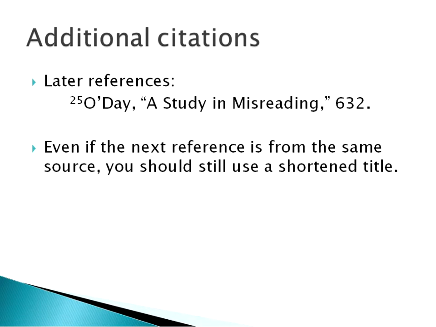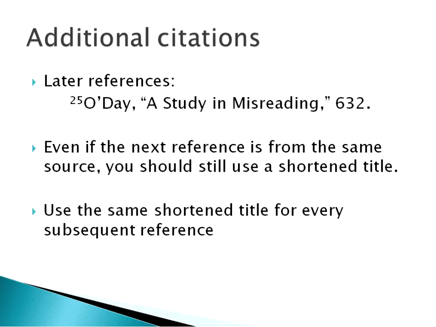Now, even if your very next reference is the same article, so if the first reference is number 12 and number 13 is the same article, you still do the O'Day shortened title, page number. Keep in mind, though, that you always use the same shortened title in all those subsequent references.